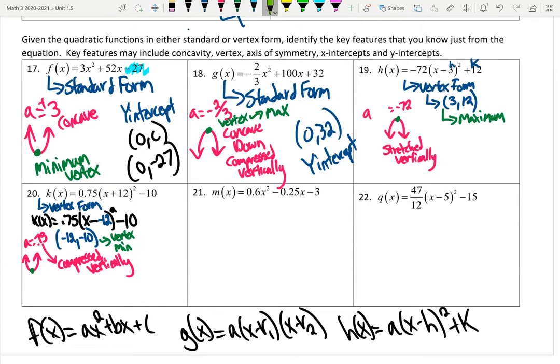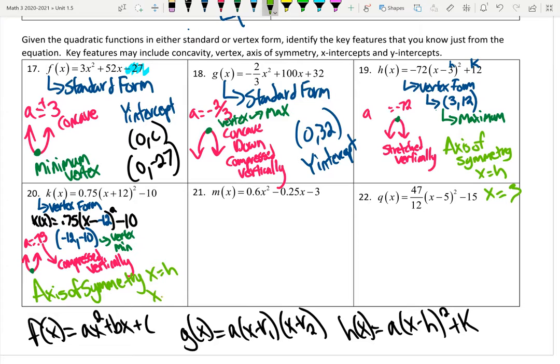There was this last bit from last week where it says the axis of symmetry, basically the line that cuts it in half, it is always going to be x equals h. So here it would be x is equal to 3. My axis of symmetry is always going to be the h value. x equals h. Therefore, it's going to be negative 12.